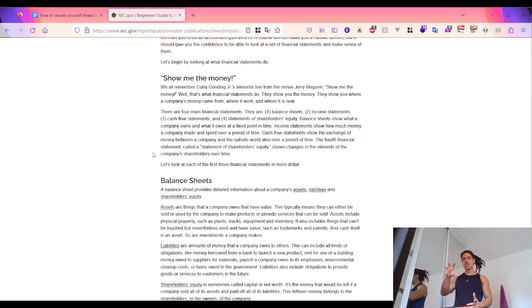SoftBank, which is another holding or Japanese conglomerate, invests primarily in technology companies such as WeWork, Airbnb, and Uber. Alphabet, the parent company of Google, invests in a variety of technology companies through their venture capital arm called Google Ventures, such as Calico for longevity.